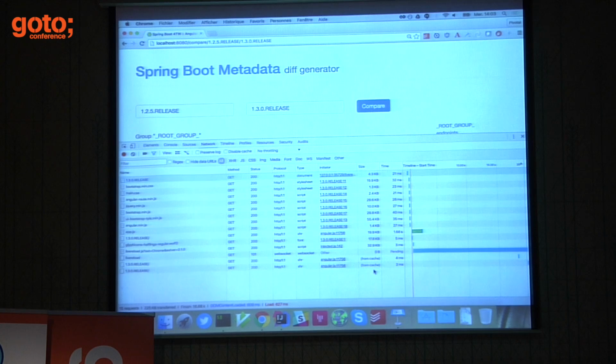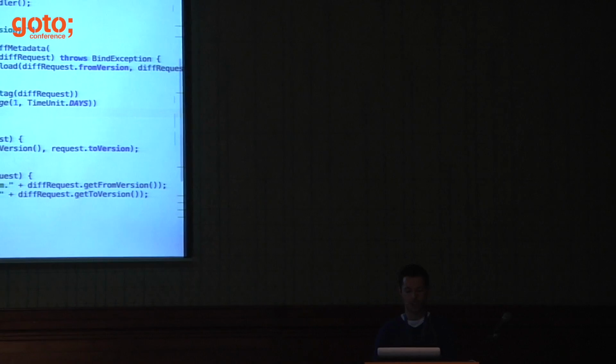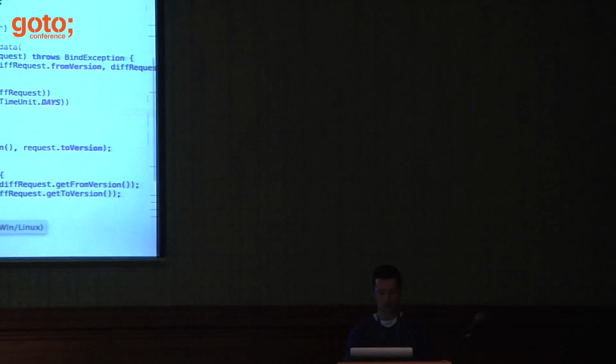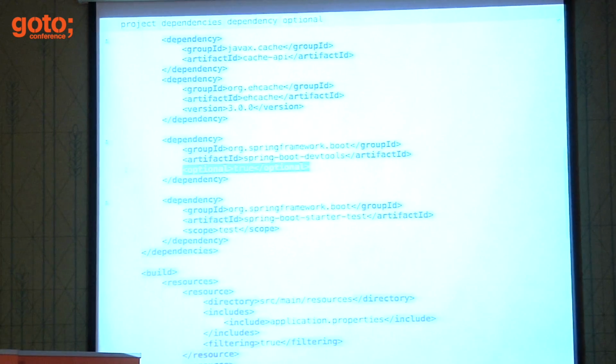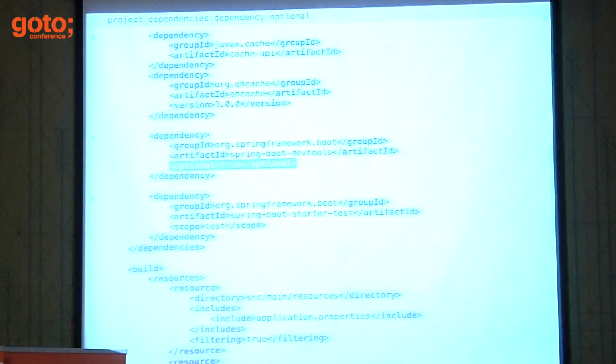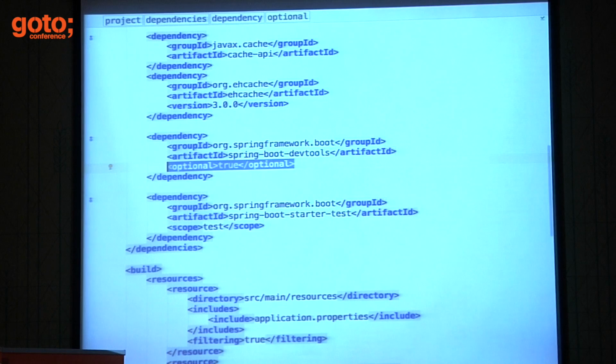So it's done automatically for you. What I may have not done properly in my app is that whenever you import Devtools, you should use optional first. And also, whenever you do that in your application, Devtools is enabled only if your application is launched directly with Maven or in your IDE.